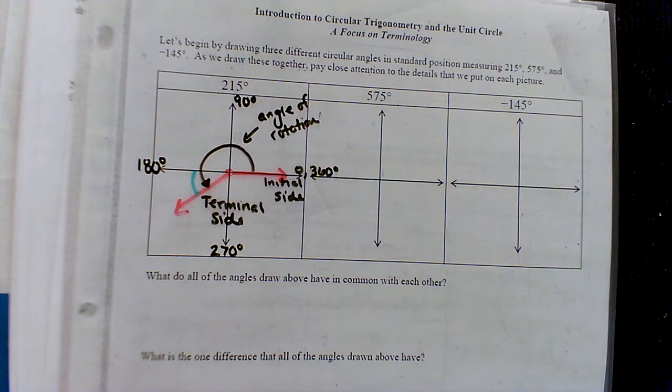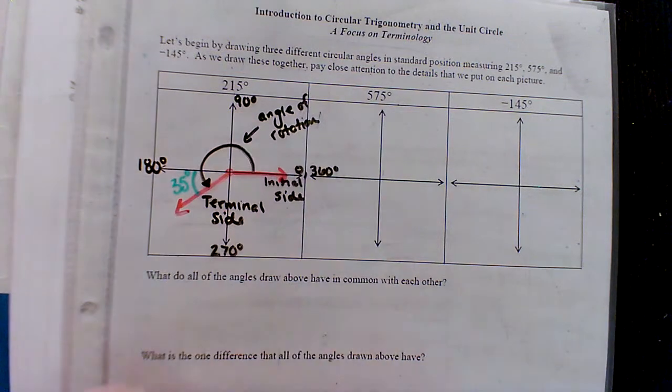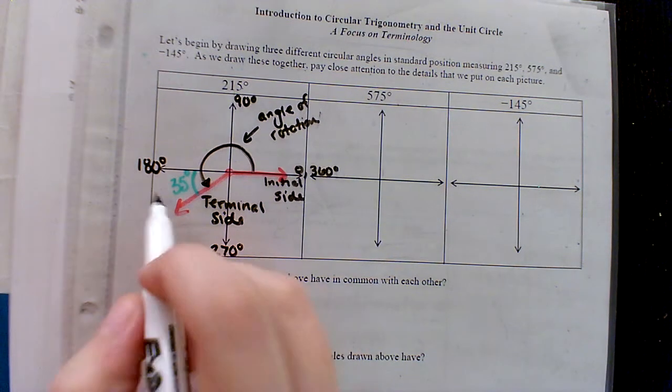How far away is 180 from 215? Did you get it, Emily? Yeah. 35 degrees. Good. That 35 is called a reference angle.